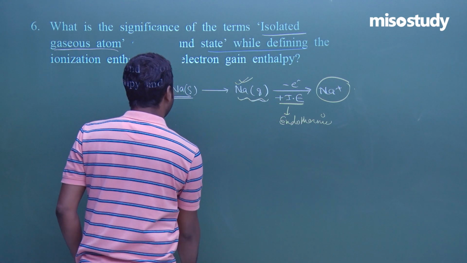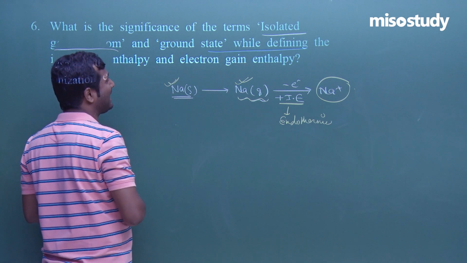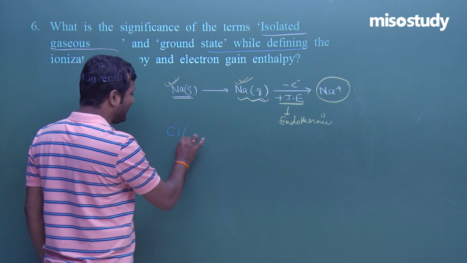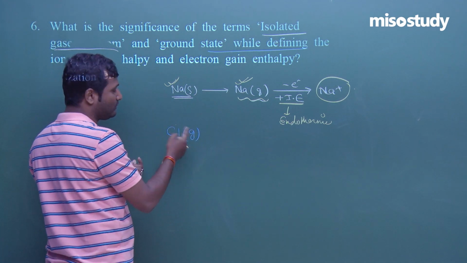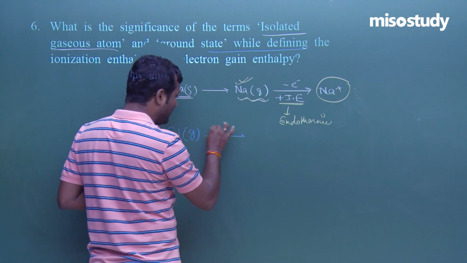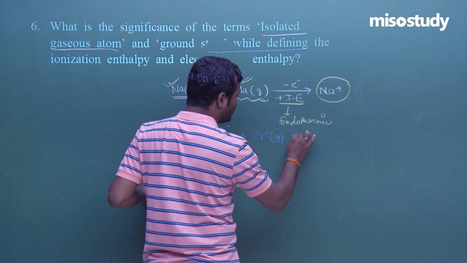So in case of ionization energy, we write here that it is an isolated gaseous system. Similarly, if I put Cl here, that is again in a gaseous state, we do not need to convert it from solid to gas. Now if it gains an electron, a release of energy takes place.